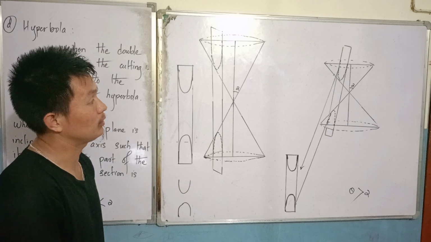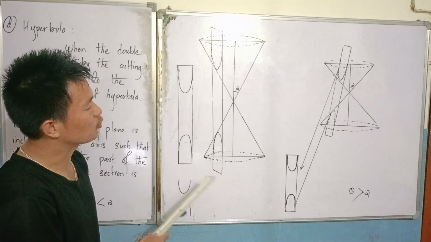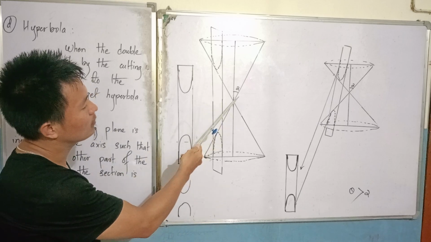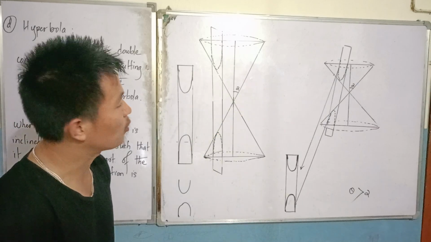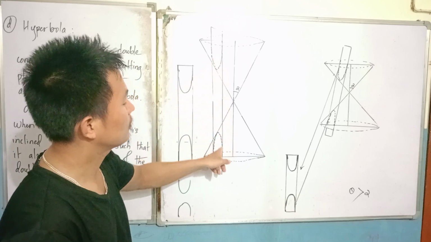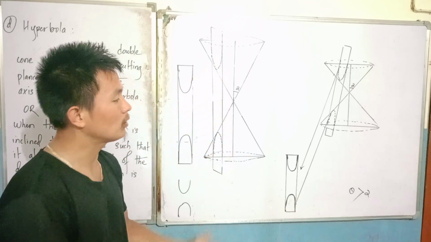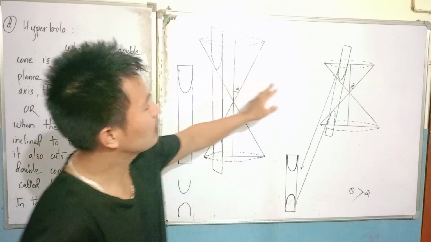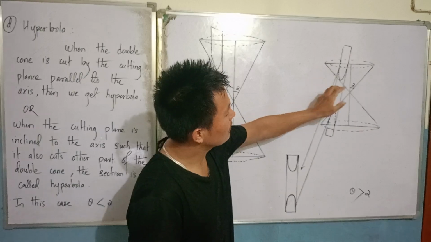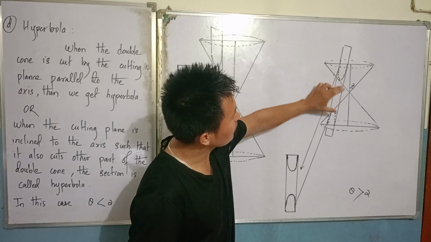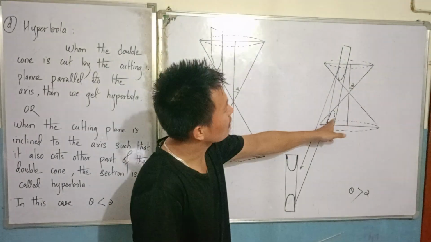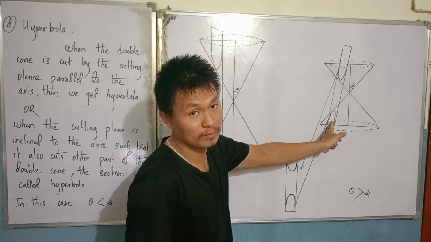So either this cutting plane should be parallel to the axis of the cone, so it can cut both the naps of the right circular cone, or it should be inclined while cutting the cone in such a way that it cuts both the upper nap and the lower nap.